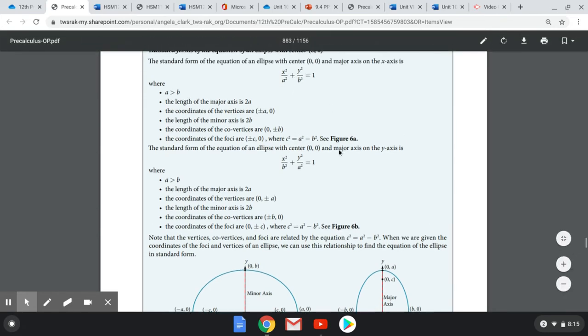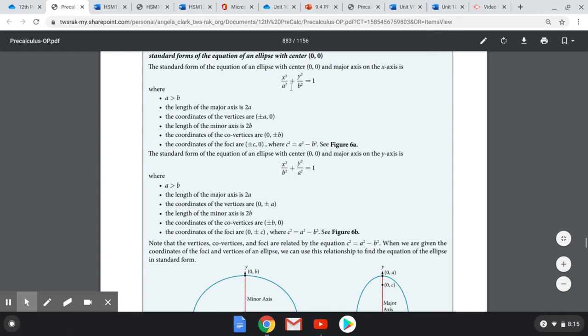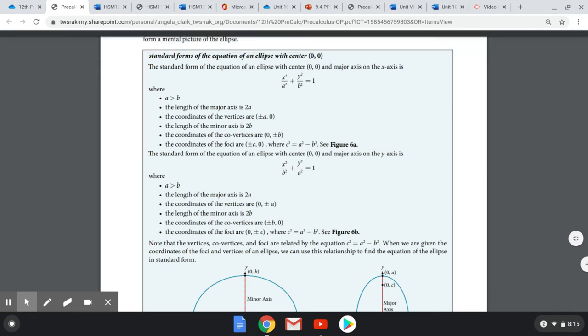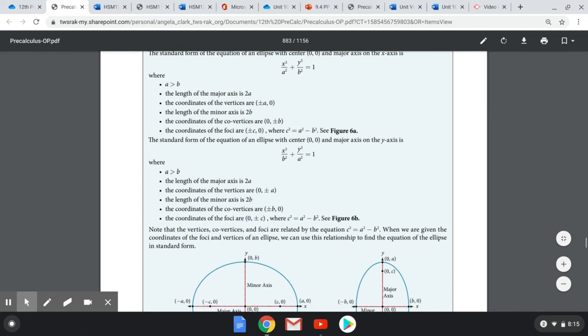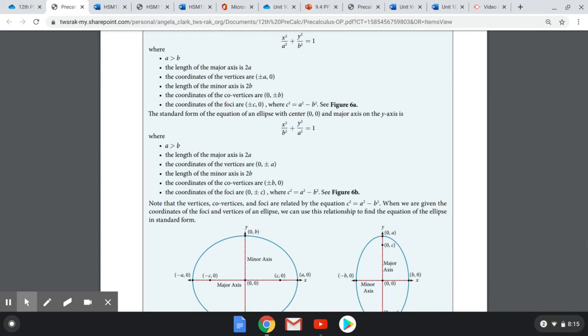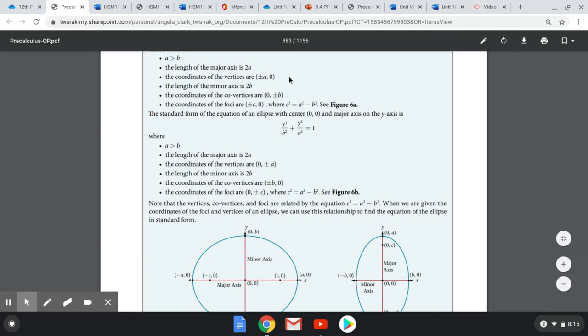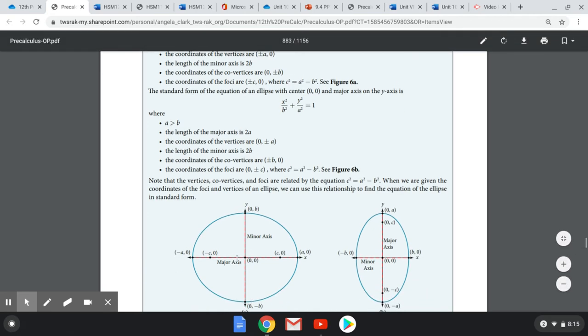This is the standard form of an equation for an ellipse, specifically centered at 0, 0. So a squared here: if you take the square root of that, a is the distance from the center to the vertex.